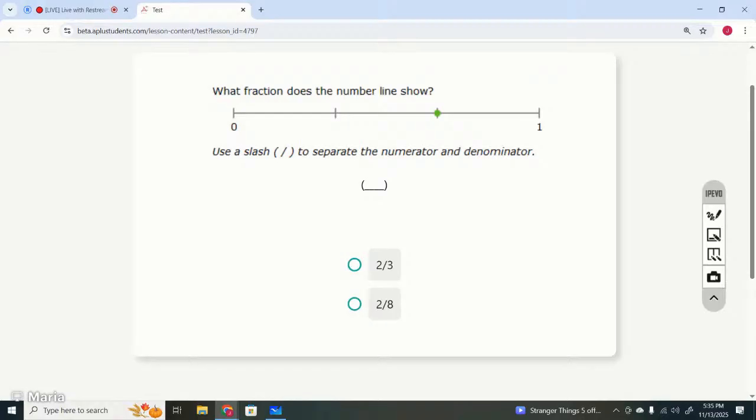What fraction does the number line show? That is 2 by 3. Option number 1 is the correct option.